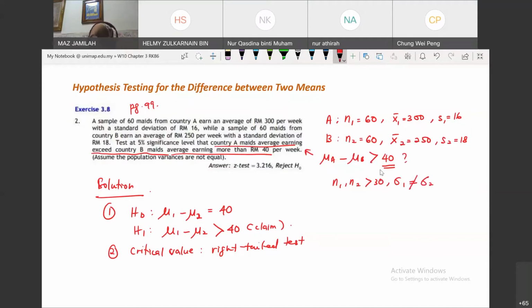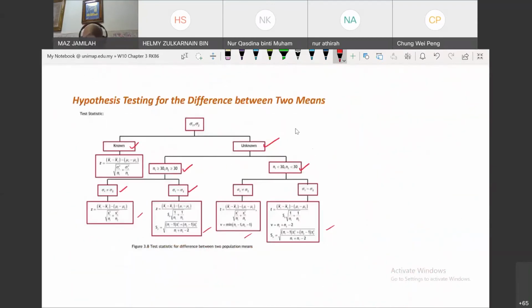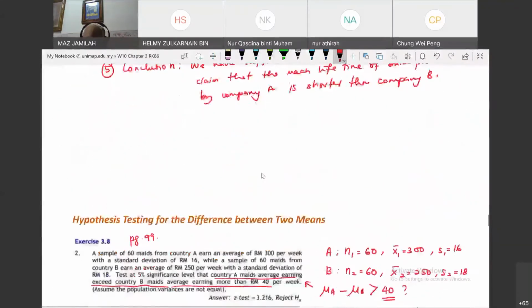Unknown sigma 1 and sigma 2, because we don't know. So which one do we need to use? Unknown sigma, n greater than 30, not equal. So we are using that particular formula.